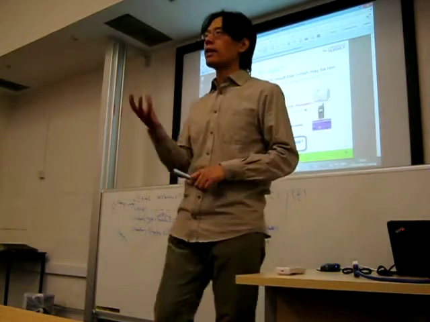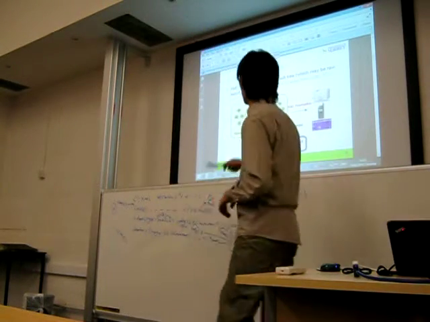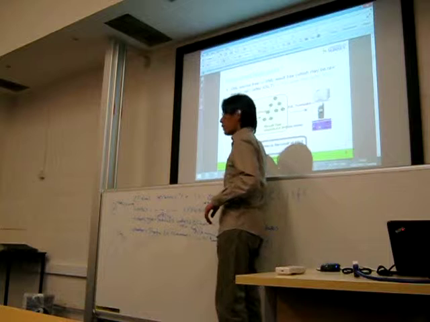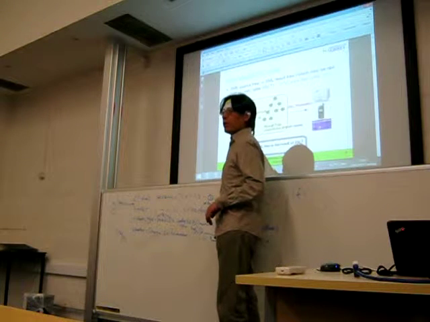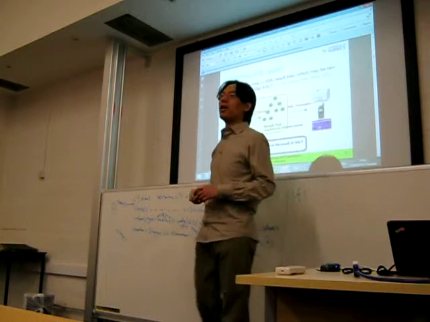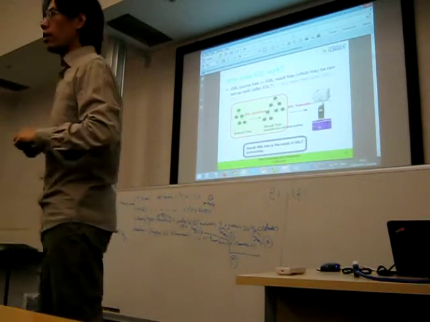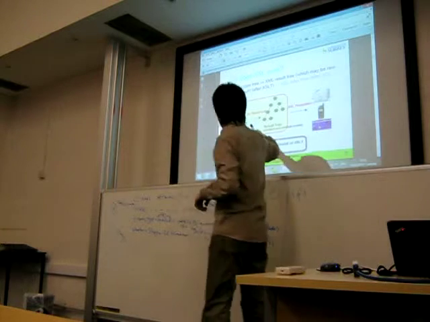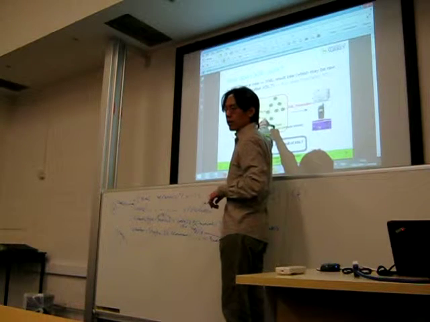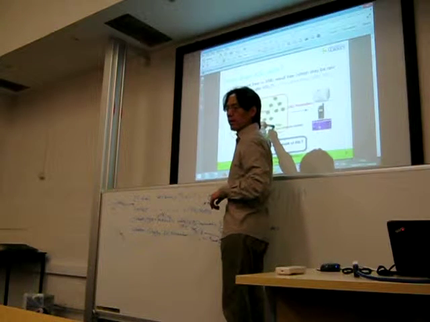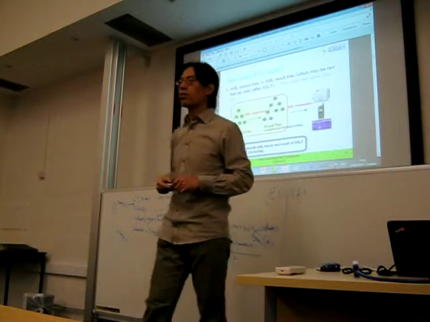XSLT takes an input, a source stream, which is XML, and XML is a tree. You have different elements which form a hierarchical structure. And then XSLT will create another tree, which is the result tree, which could be an XML document or an HTML document.